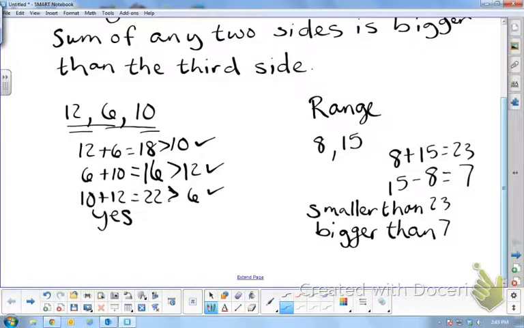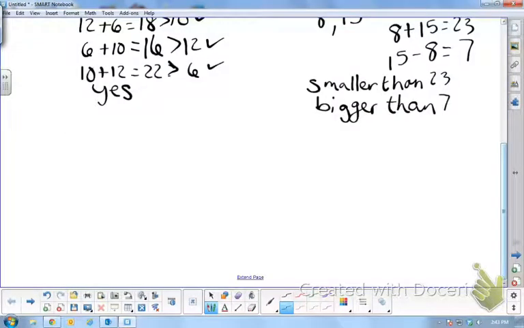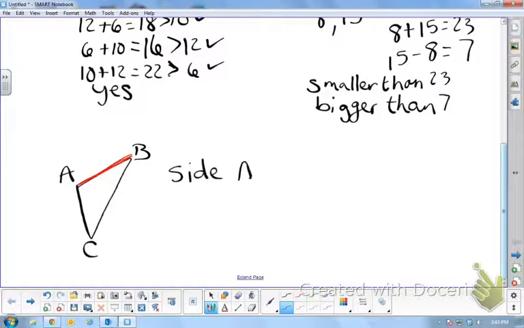With this triangle inequality theorem, we also discussed the correlation between the angles and the sides of a triangle. When we look at the triangle, a side takes two letters, so side AB would correspond to the angle across from it.